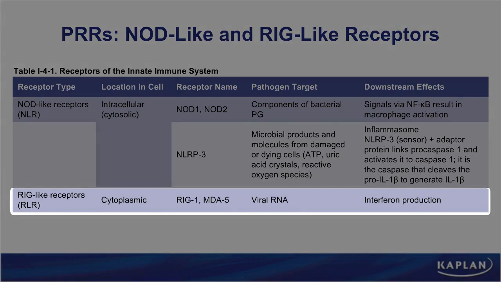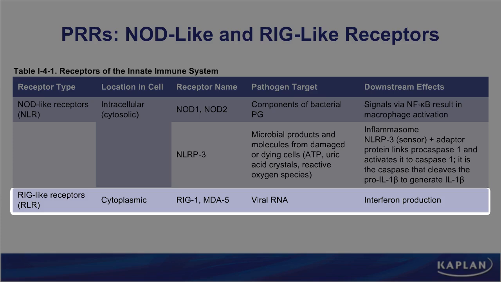Now, RIG-like receptors, anytime something's at the bottom of a chart and it doesn't get a lot of shout out, we tend to ignore it. But I do want you to give it a little bit of credit and say, hey, we have a RIG-like receptor called RIG1, and we also have MDA5. Thanks, guys, for not keeping it in the same alphabet. Okay, got to make things a little more difficult.